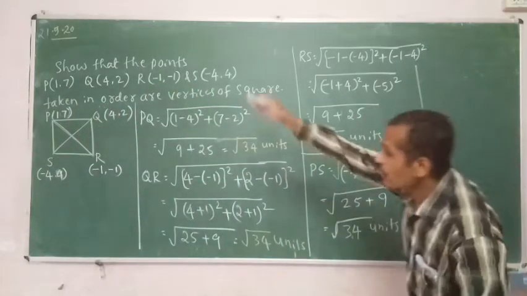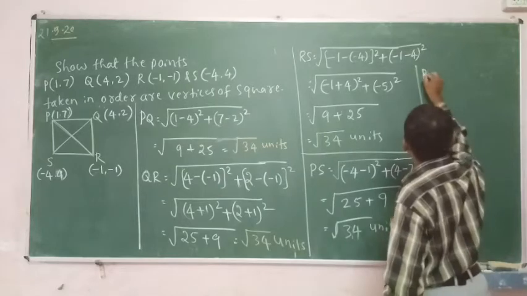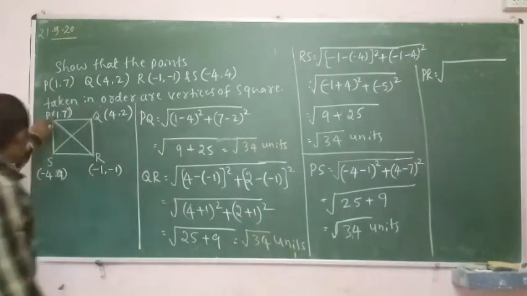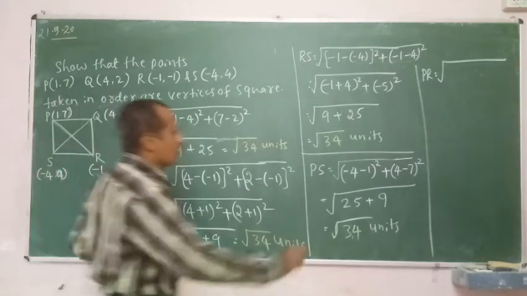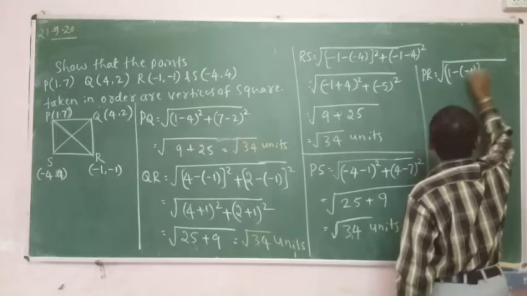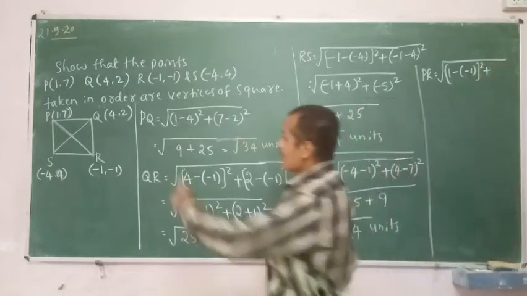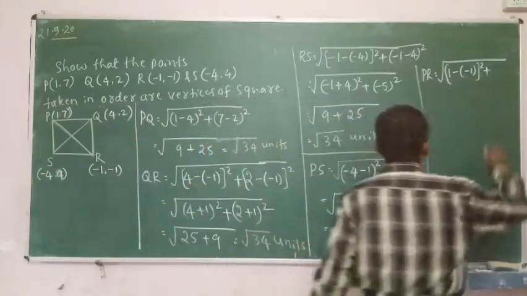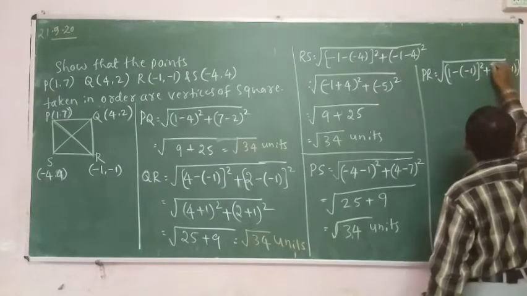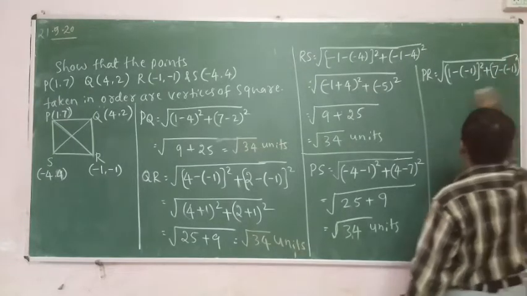Okay, let me go for PR. PR is equal to under root of (1 minus of minus 1) the whole square plus (7 minus of minus 1) the whole square.